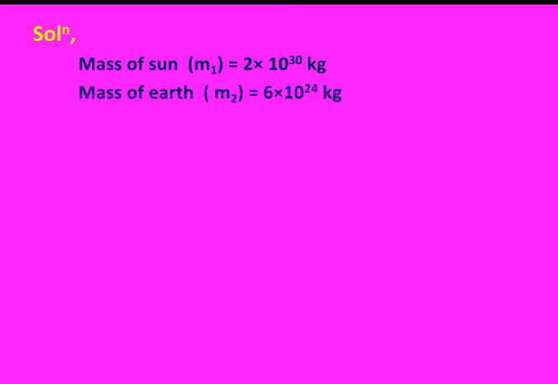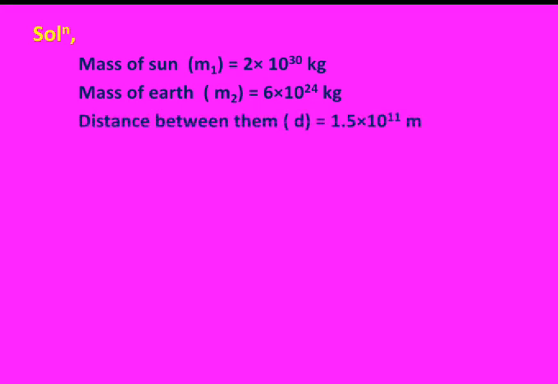Solution. Mass of Sun m1 equals 2 into 10 to the power 30 kg. Mass of Earth m2 equals 6 into 10 to the power 24 kg.